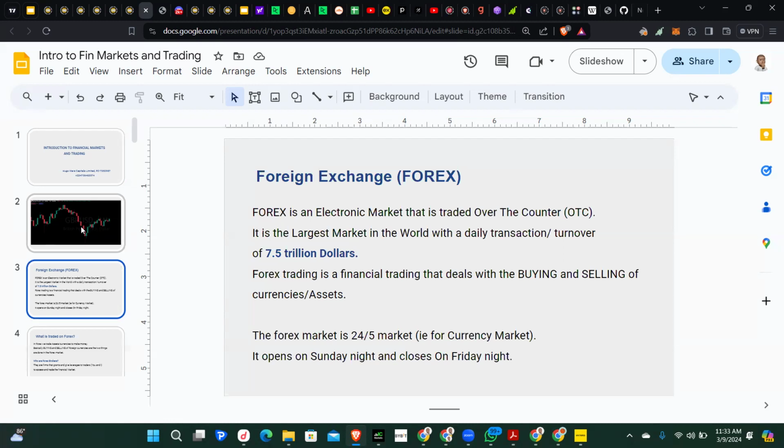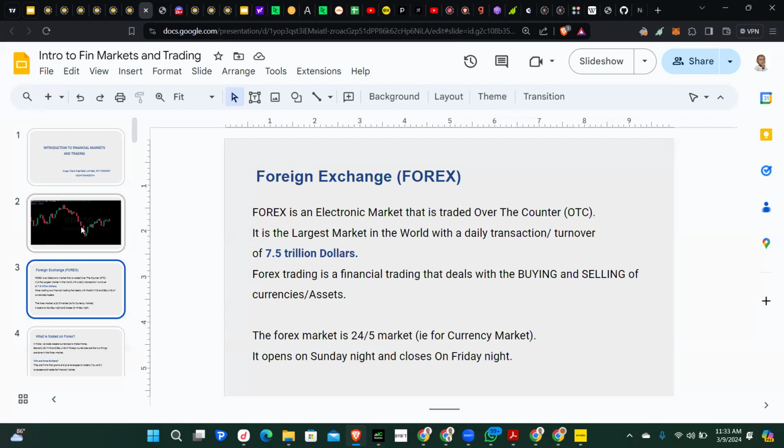Okay, so the Forex is a 24/5 market. Now, this is for the currency market. As we go further, when we look at asset classification, you are going to understand that we have the currency markets and the other markets, the indices and the rest.